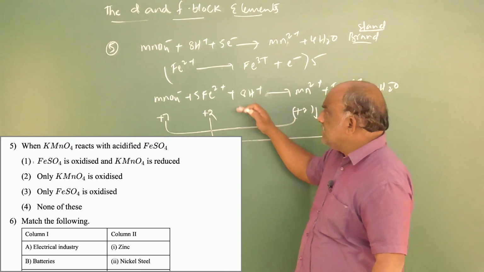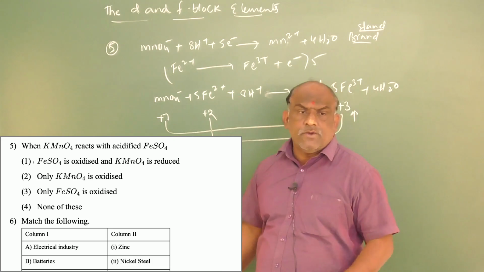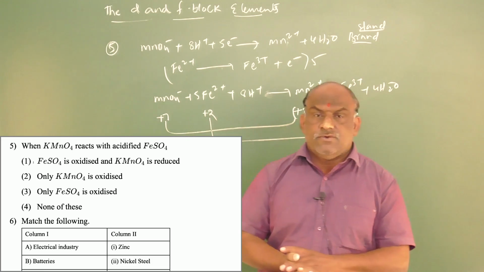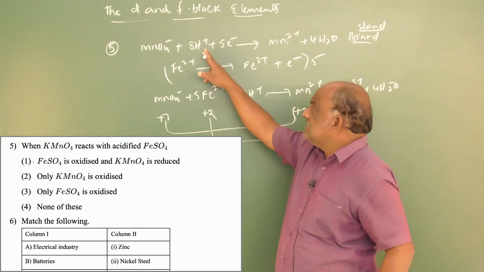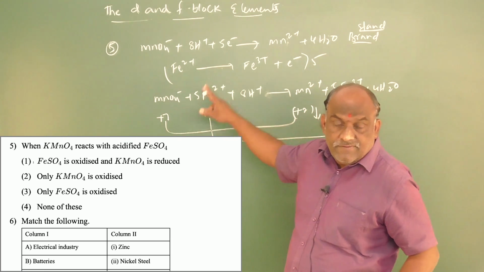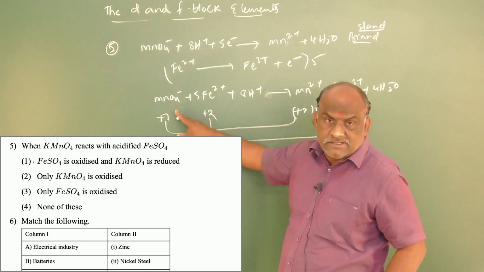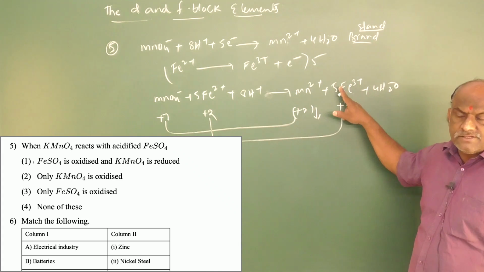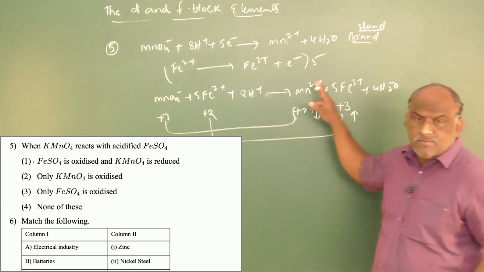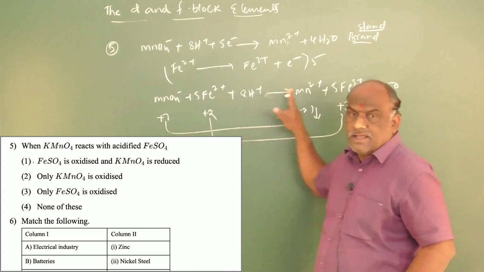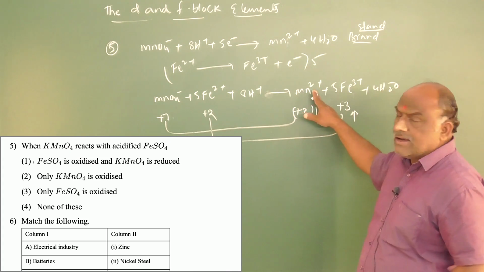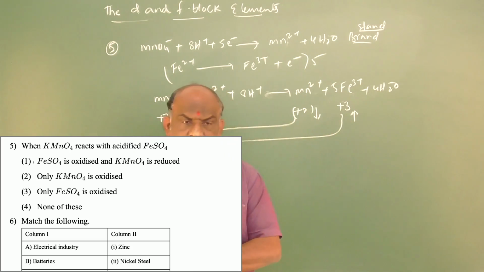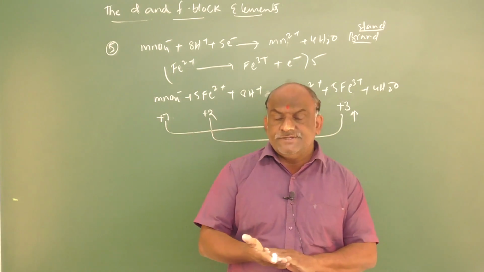So when KMnO4 reacts with acidified FeSO4, FeSO4 is oxidized, ferrous salts are oxidized to ferric salts, and potassium permanganate is reduced to Mn2 plus. So option number 1 is the right option for question number 5 according to the chemical balanced equation.